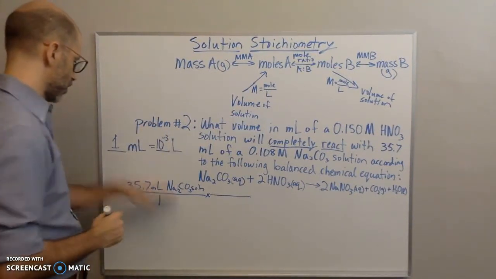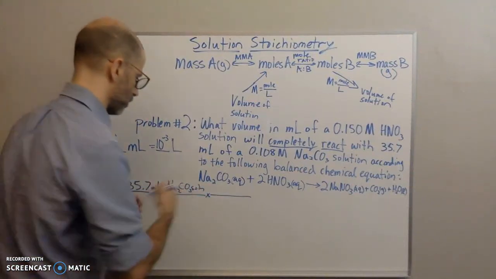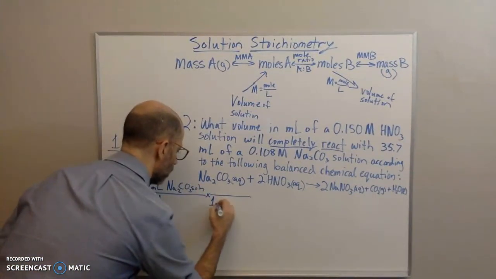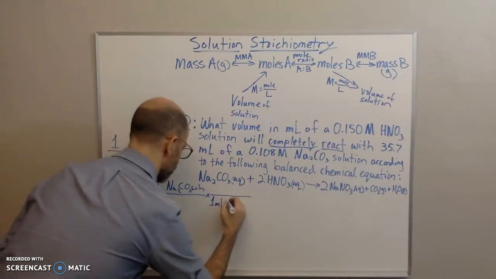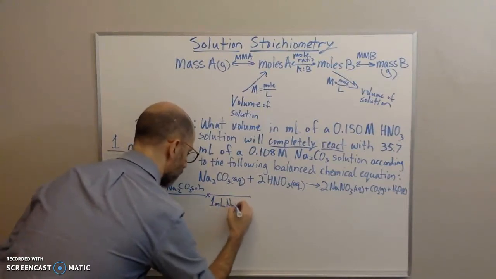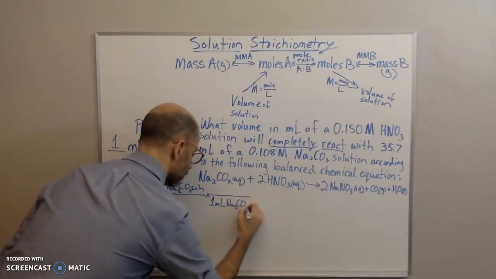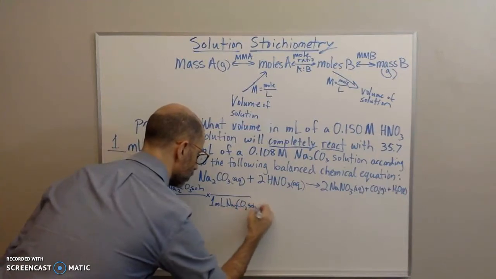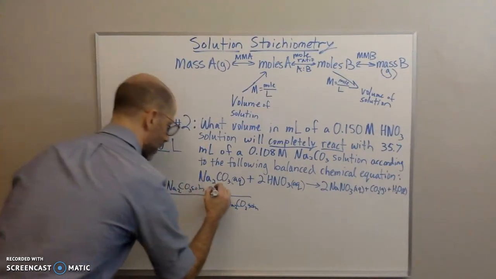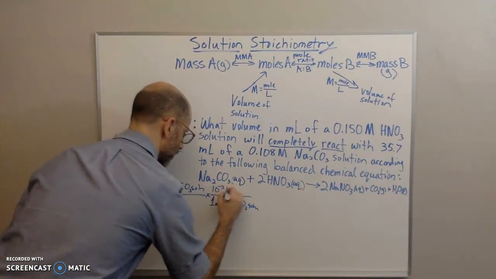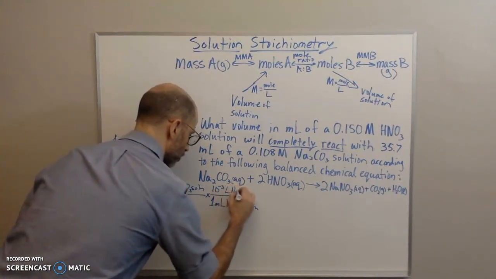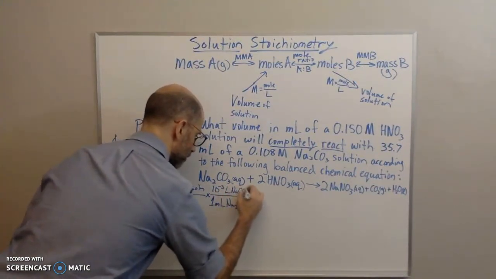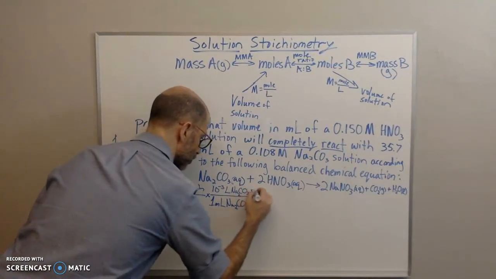I have milliliters here, so that means milliliters goes on the bottom. So 1 milliliter of the sodium carbonate solution, and then on top I have 10 to the negative 3 liters of the sodium carbonate solution.